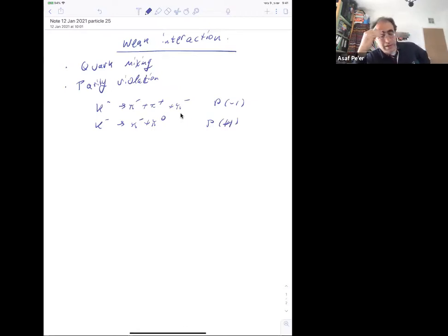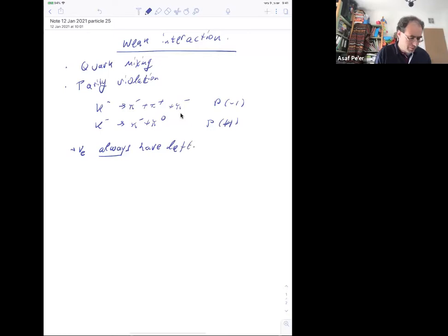That means that some particles come only with right-handed or left-handed helicity states. For example, neutrinos always have left-handed helicity in nature, a helicity of -1/2.